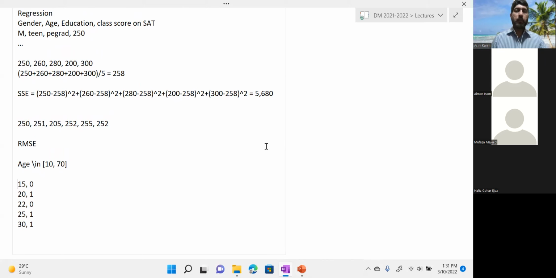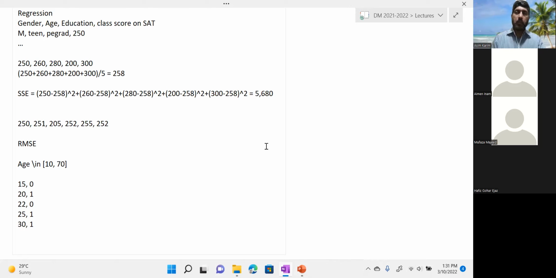The first thing you have to do is sort your data set according to the attribute values, and I've already written it in sorted form: 15, 20, 22, 25 and 30, with the appropriate labels. So 15 has class label 0 and 20 has 1. So there is a change in class label as you move from 15 to 20.